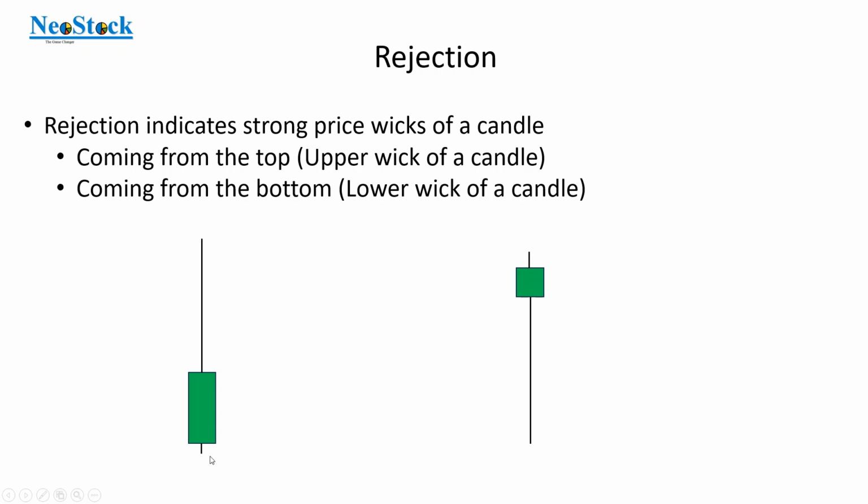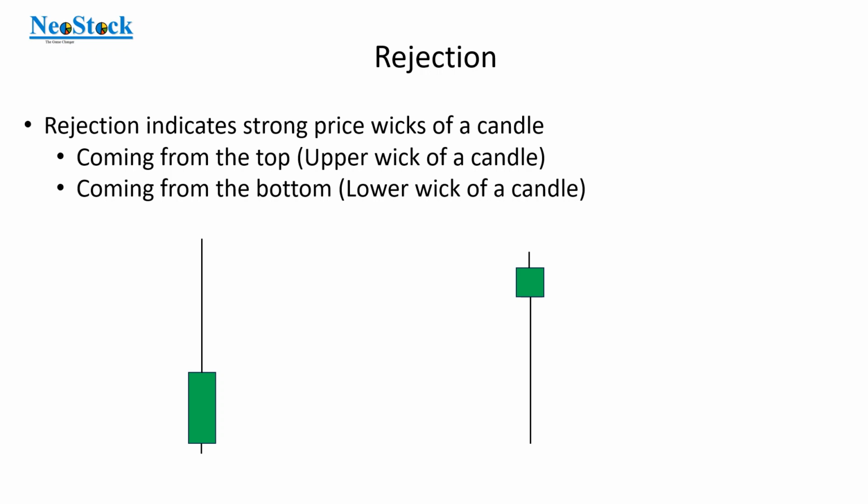Because they are not strong. They are ordinary. But the upper wick here and the bottom wick in the second example are special, because they look very strong. Because they look very strong, we are talking about them.